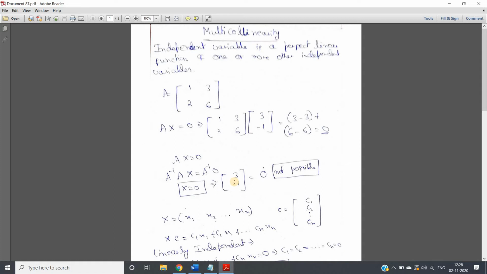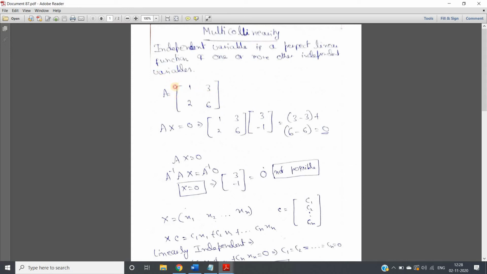I am repeating again: one particular independent variable is a perfect linear combination of one or more other independent variables present in my input features. This is called multicollinearity. How this is important from the multiple linear regression point of view, I will be discussing. But before going to multicollinearity, let's have a quick recall of one concept which you have already studied in your applied linear algebra course in BTech.